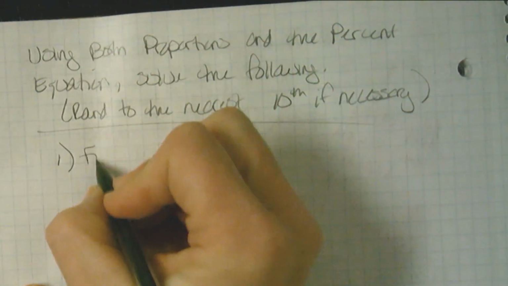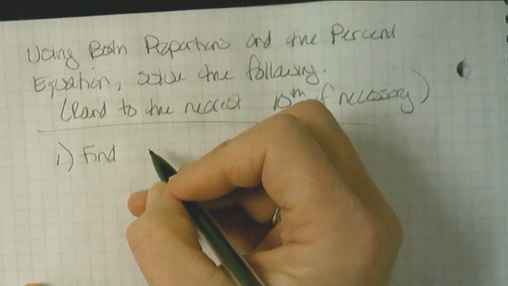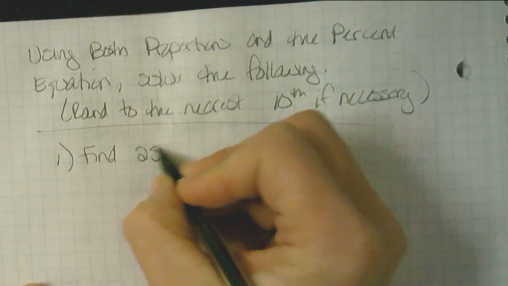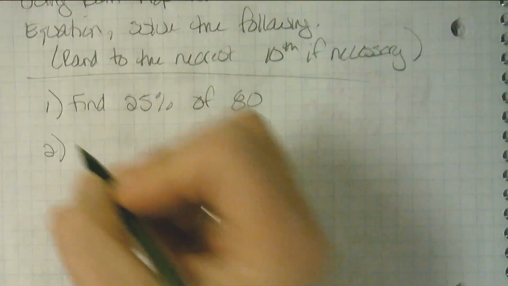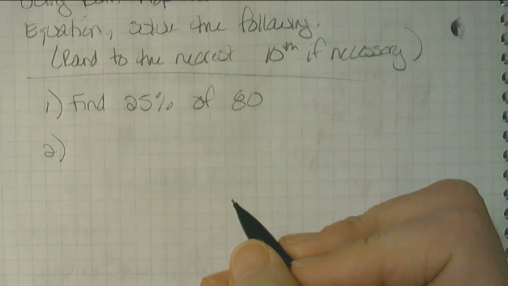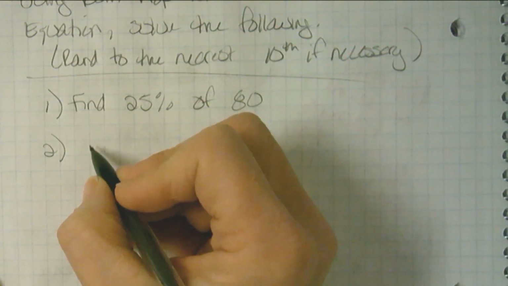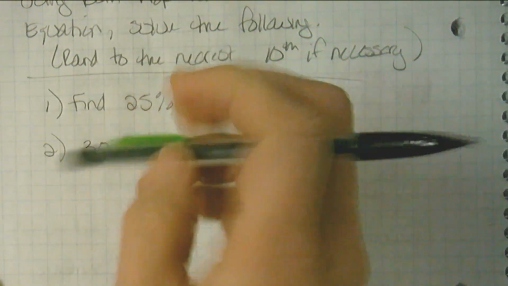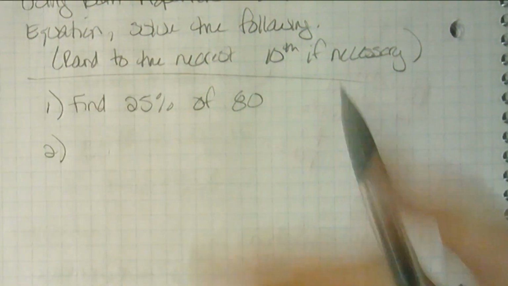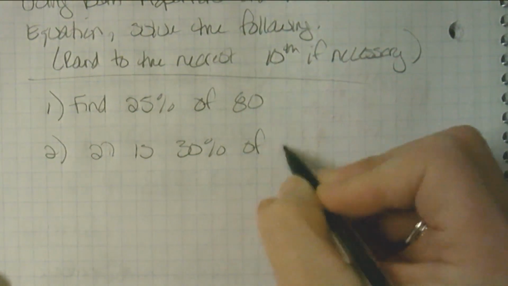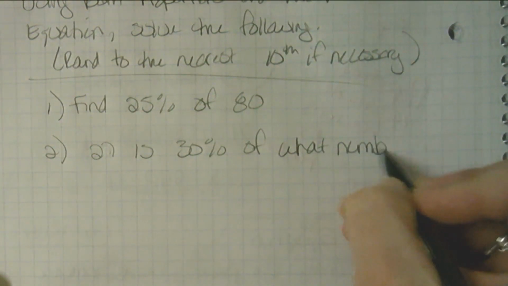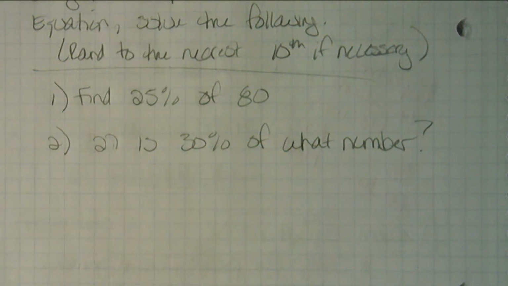I want you to find 25% of 80. All right, now put a second one up. Keep going. So I want you to do both of these individually, and you're setting up a proportion for each and a percent equation for each. But you have to start with the percent sentence first.